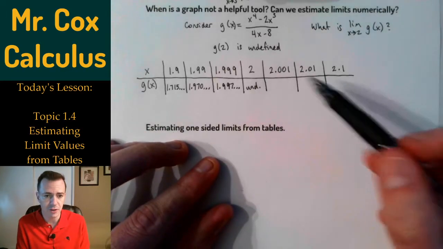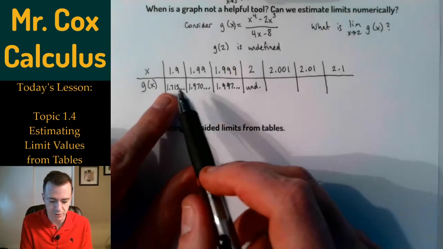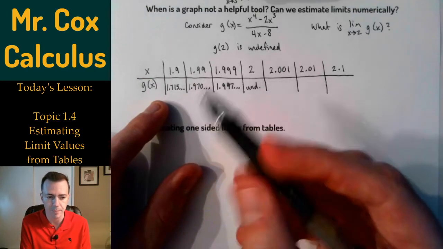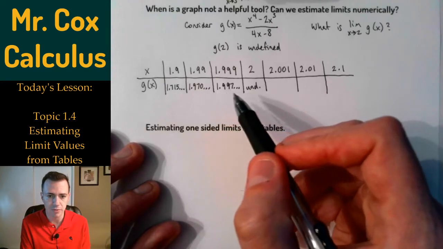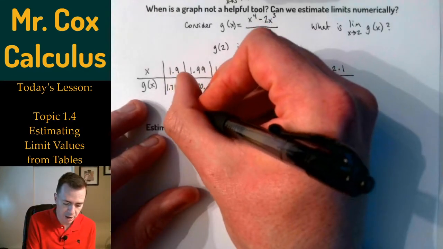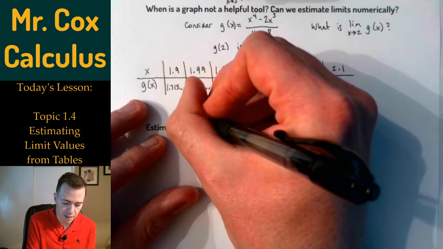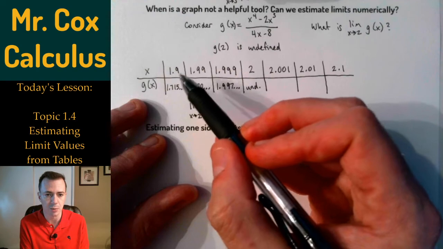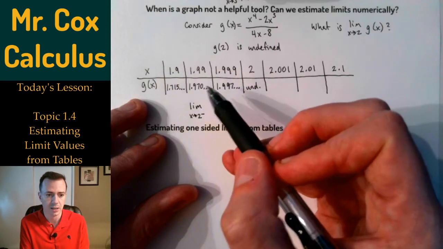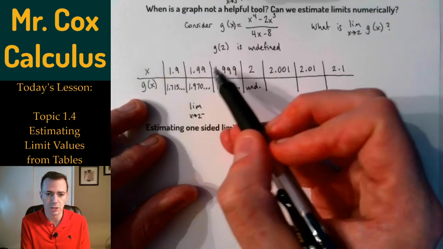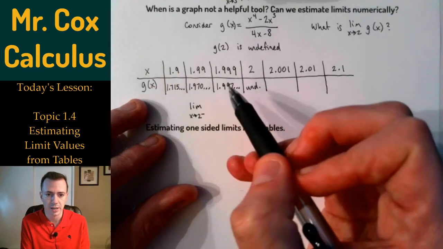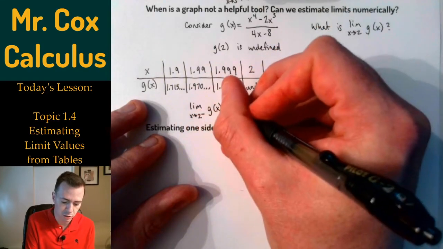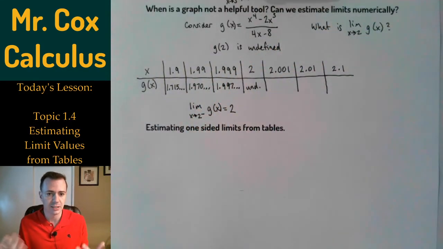I can fill in the other part here in a second, but if you look at the values we have, 1.9, 1.99, 1.999, we can already see what the function is approaching, and I can go ahead and write my limit as x approaches 2 from the left, this minus sign representing values less than 2. As I'm approaching 2 from the left, my function is approaching the value 2. So I can say that the limit as x approaches 2 from the left is equal to 2.